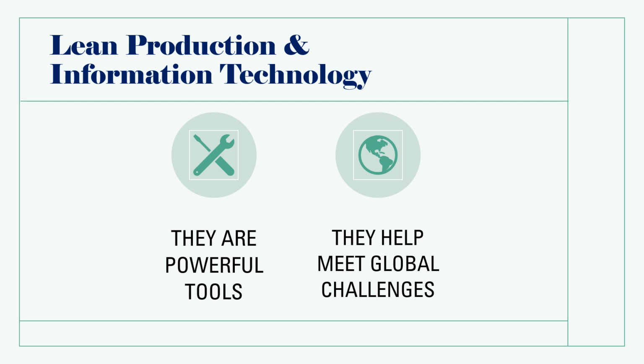And information technology, information is gold, because they help meet the global challenges. In order to compete globally, you've got to have a very aggressive system, and lean and IT are very powerful tools to provide such an aggressive system.